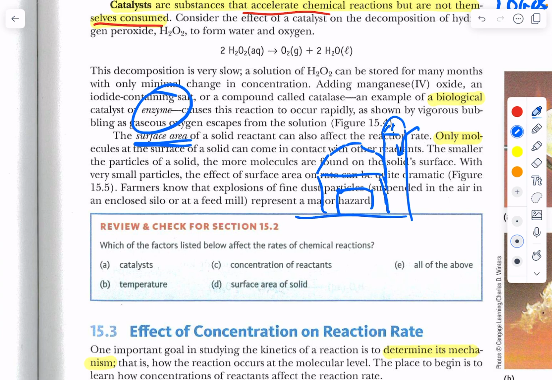And that's going to stir up all kinds of dust, and a lot of that dust is going to be the outer skin, if you will, of the grains and the corn kernels and the husks and things like that. And a spark can ignite that. Because these particles are so small, there's a lot of surface area that can come in contact with the oxygen in the air, and that can be one big explosion.